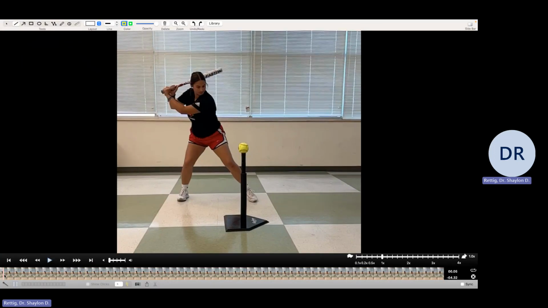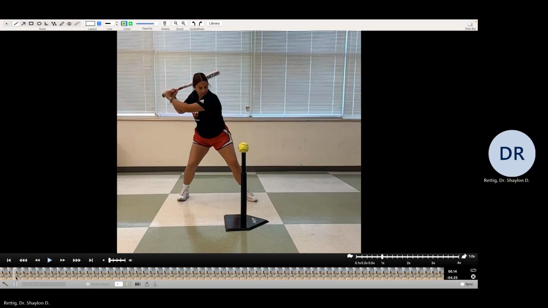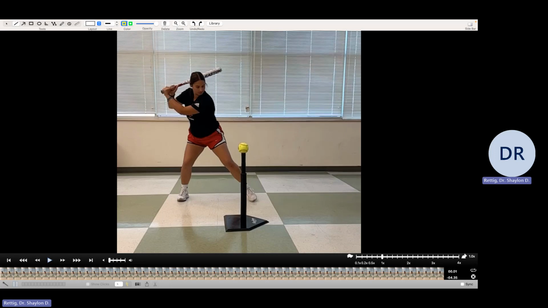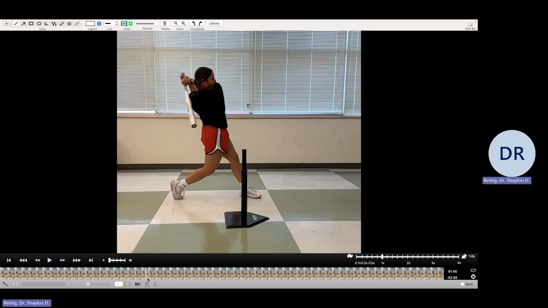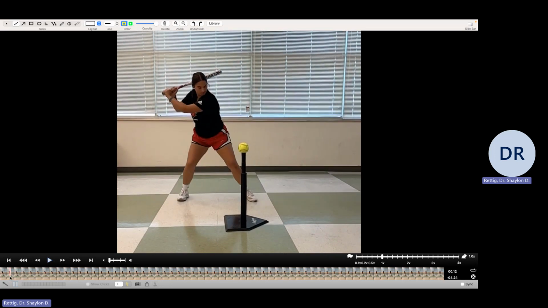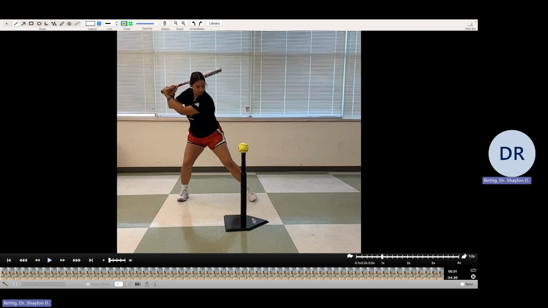Next what we're going to do is loss of base. When you do that toe touch, I'm going to look at what your left knee is doing. Is it facing over your toe or is it kind of looking at me? If we call this toe touch, that left knee is kind of looking at us. Now you get here, we get movement.